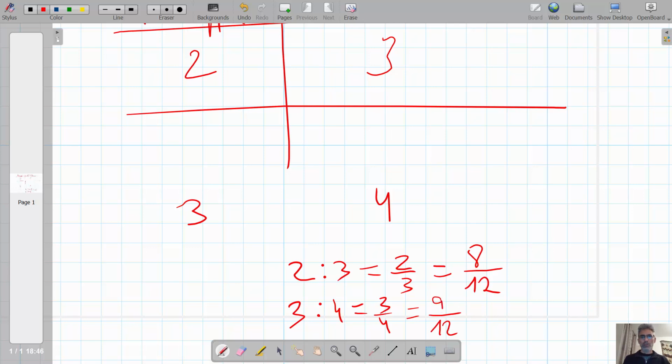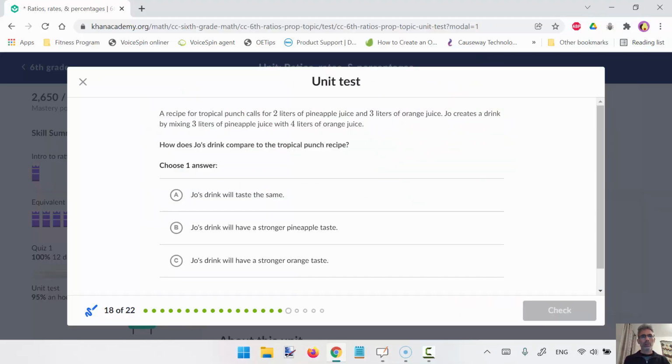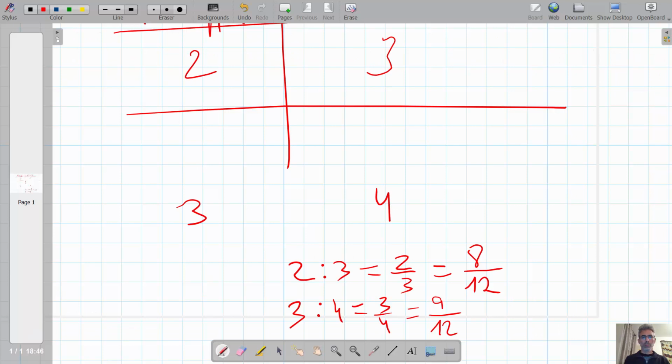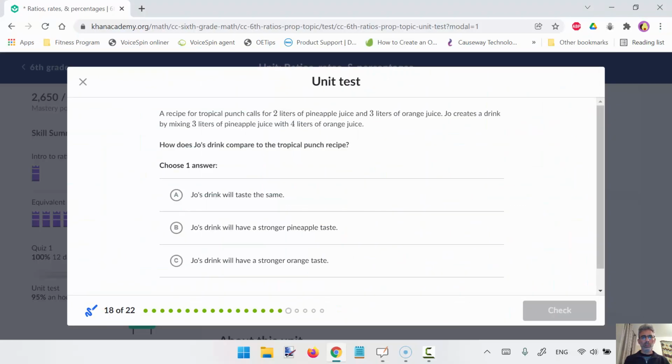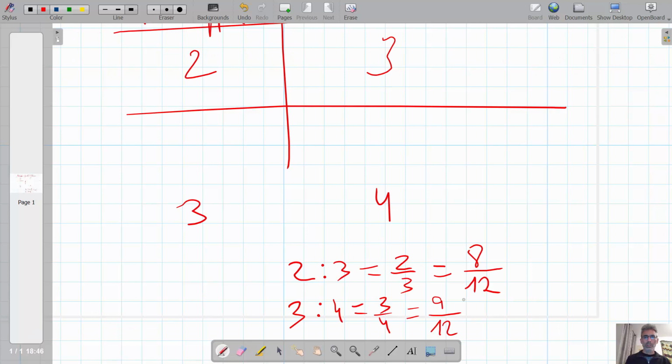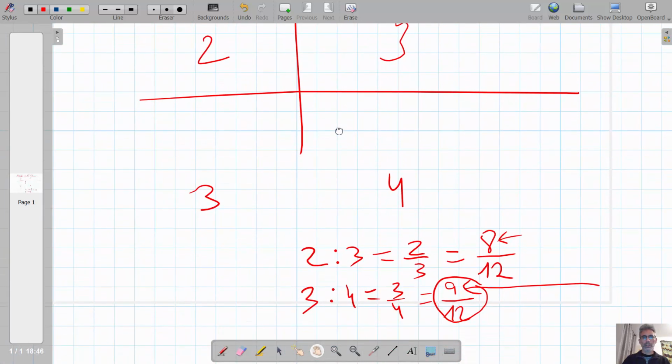So the concentration of pineapple, the 9 represents pineapple, 8 represents pineapple here.